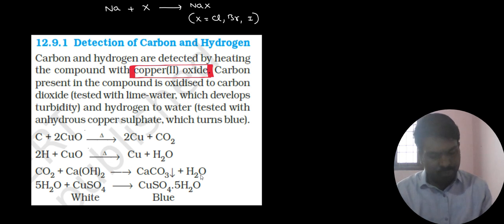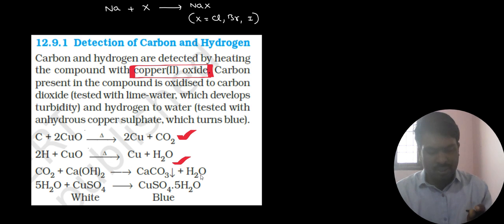Here, when copper oxide reacts with an organic compound containing carbon, carbon dioxide gas is evolved. When this carbon dioxide gas passes through lime water, it turns milky, meaning calcium carbonate appeared.